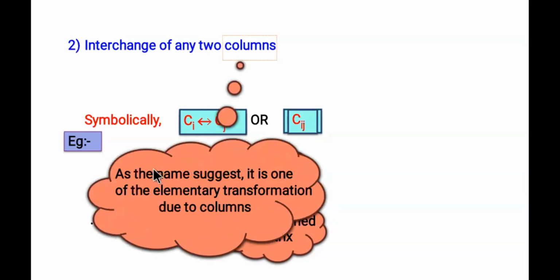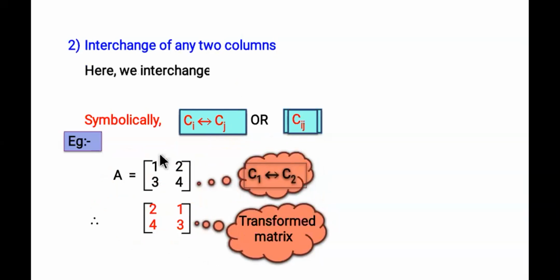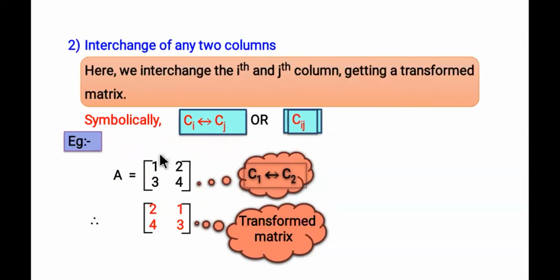Okay, so it is one of the elementary transformations due to columns. So here we interchange the ith and jth column and you get a transformed matrix. So I hope the two operations are very clear. You just have to interchange two rows and two columns whenever it is necessary in a particular sum.